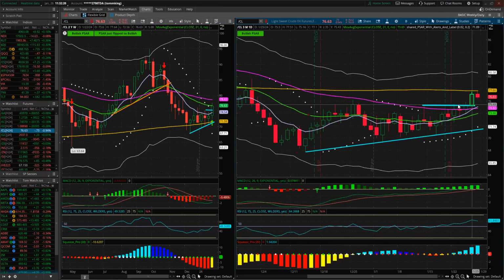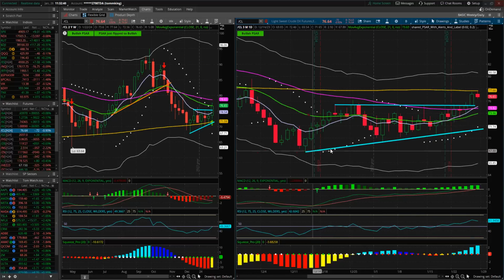Here you can see I could have drawn this all the way back to here. So this trend line could technically come all the way back here. It's been a pretty solid resistance line, simple resistance, getting at least 3 touches or so on it, which I feel we got.